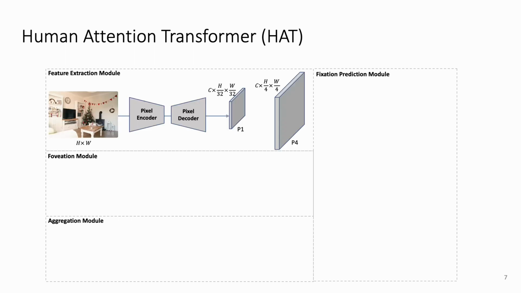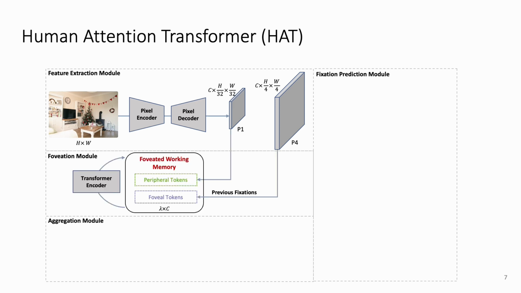First, the feature extraction module uses an encoder and decoder to process the input image into low-resolution and high-resolution feature maps, approximating our peripheral and foveal understanding of the image. Then the foveation module constructs the foveated working memory by combining the low and high-resolution feature maps according to the fixation history.